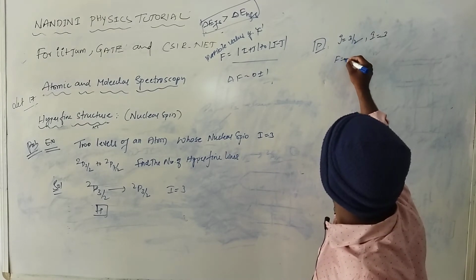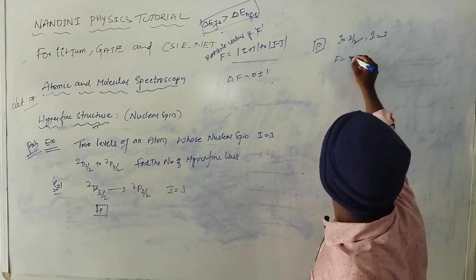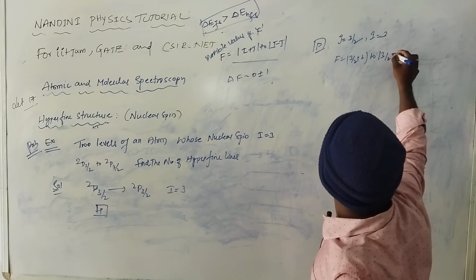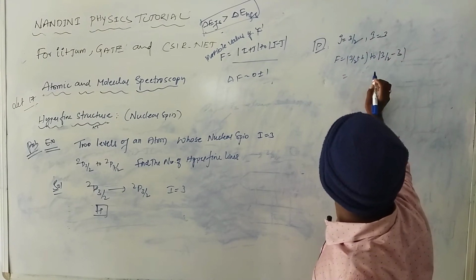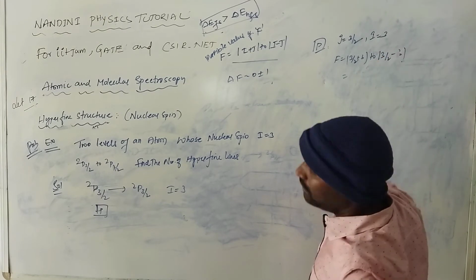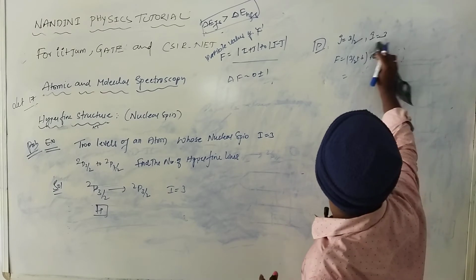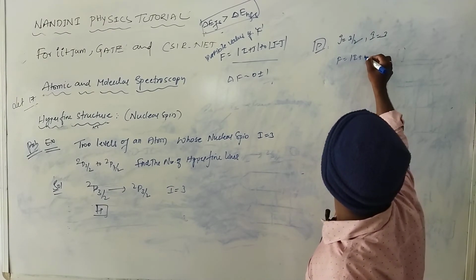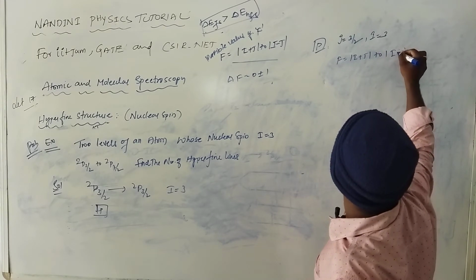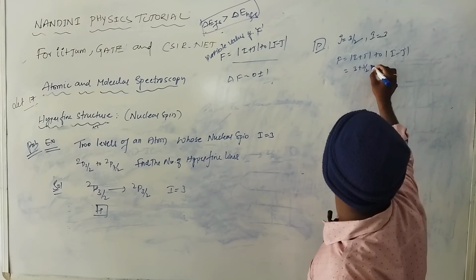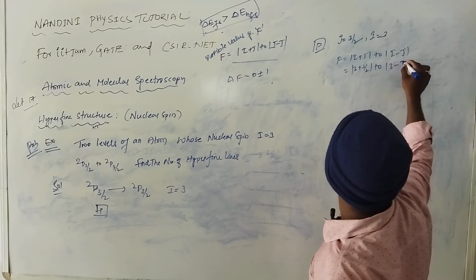What is the hyperfine quantum number F? F is equal to I plus J to I minus J. So, this is nothing but 3 plus 3/2 to 3 minus 3/2.